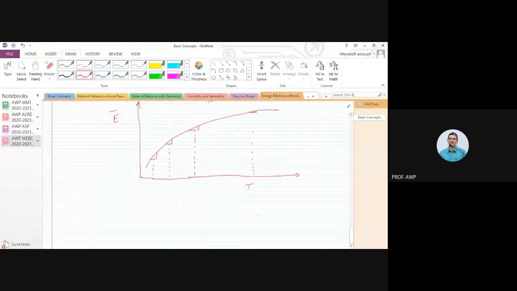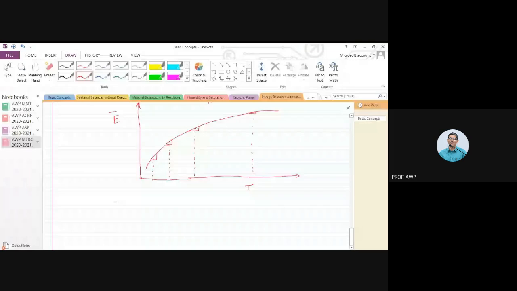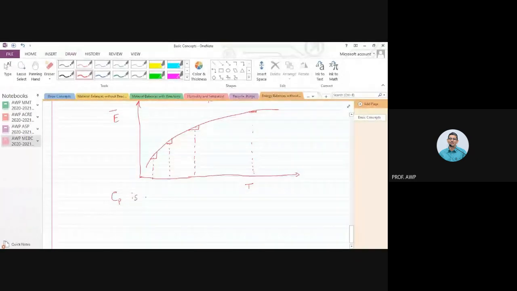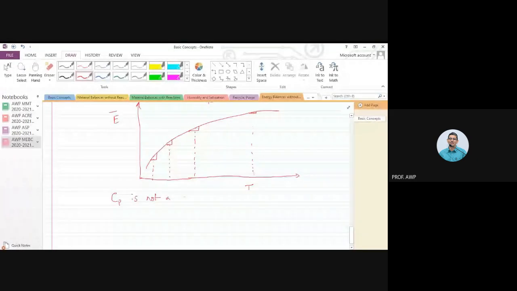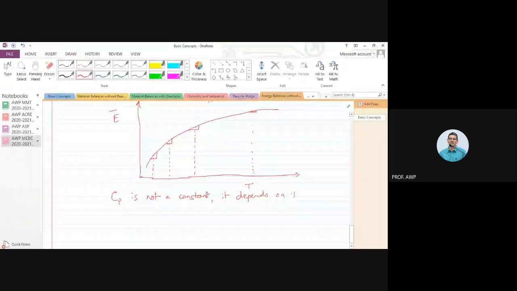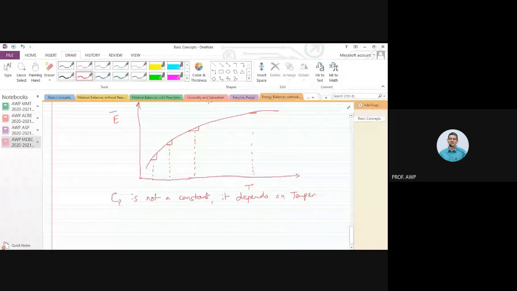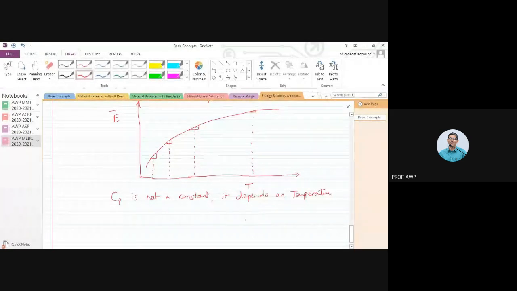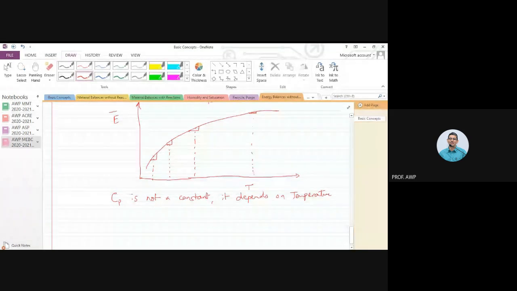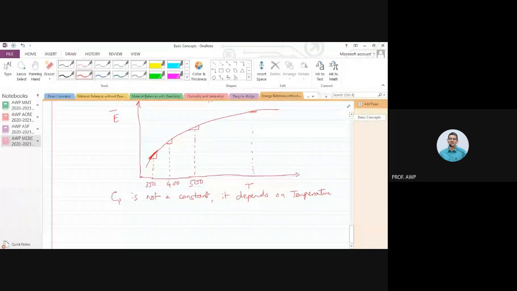All right. So we can say that specific heat is not a constant number. It depends on temperature. Okay. So Cp is some value here, the slope. So let's say this is 330, this is 400, this is 500, this is 800 Kelvin.